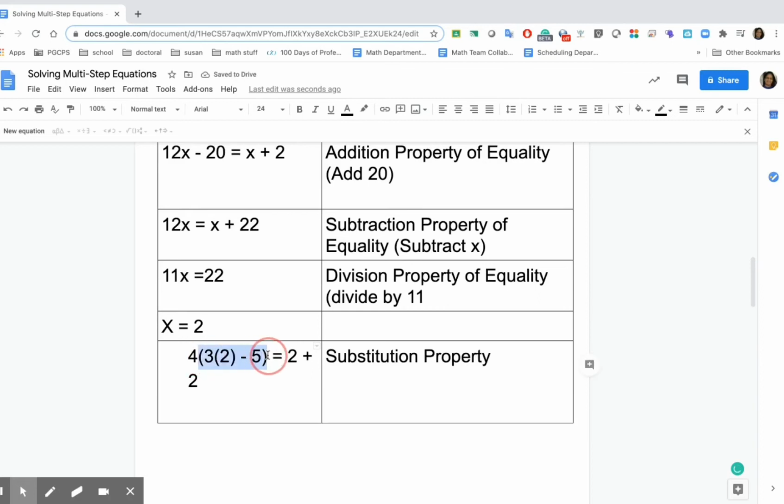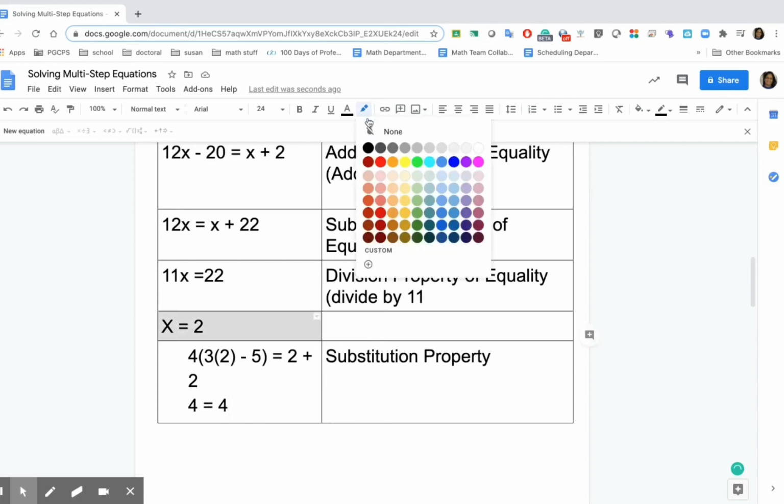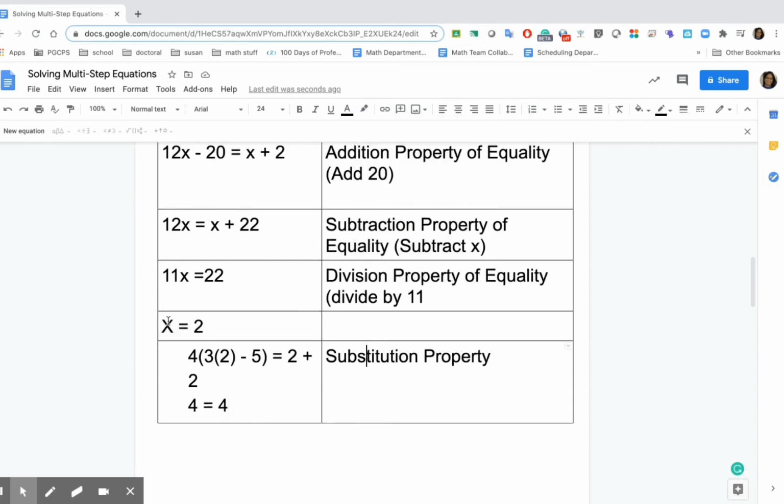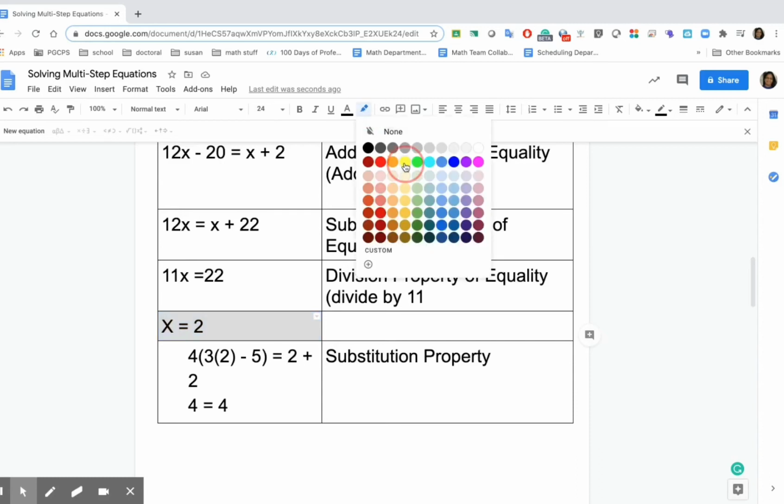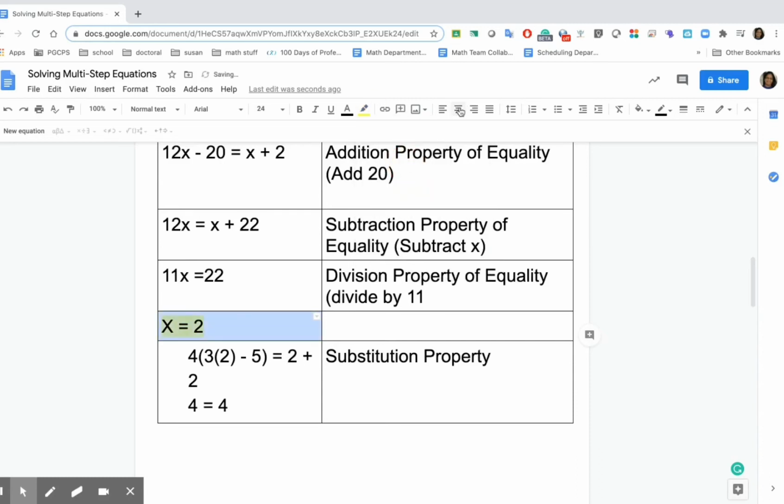So now if we perform the operation inside the parentheses, this is 6 minus 5 is 1 times 4 is equal to 4. And then the right side is 2 plus 2 is also equal to 4. This shows that the solution to the equation is positive 2.